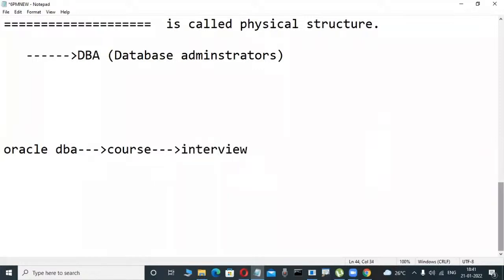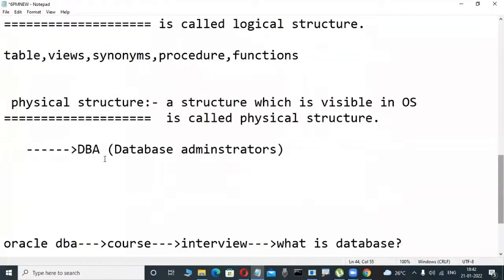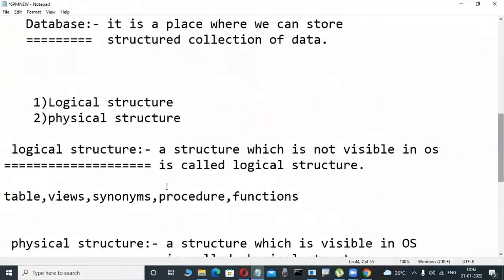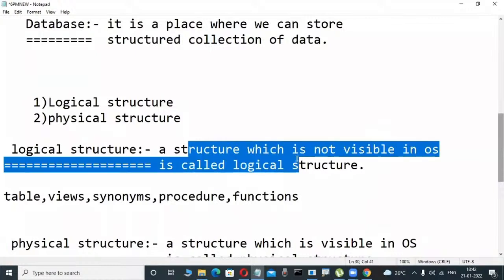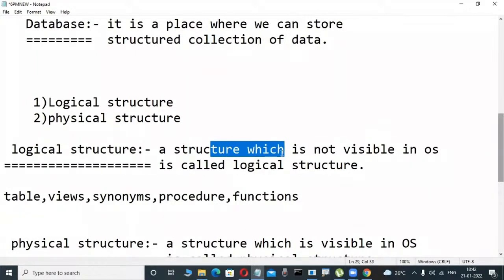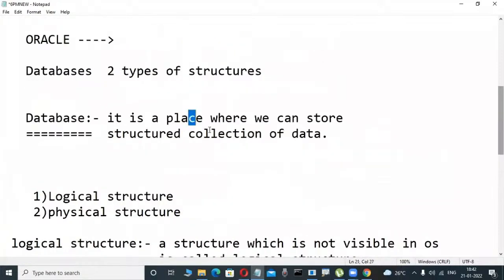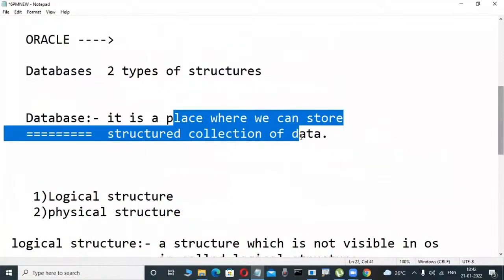Roughly, my interviewer asks, Murali, what is a database? If I answer with the bookish knowledge, that it is a structured collection of interrelated data stored in a place, they would immediately reject it.